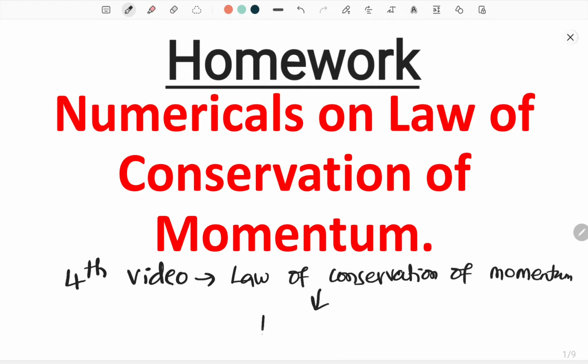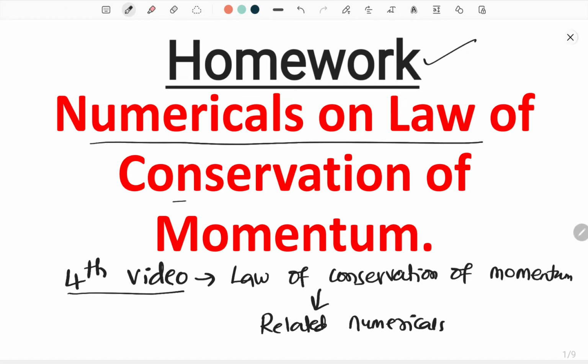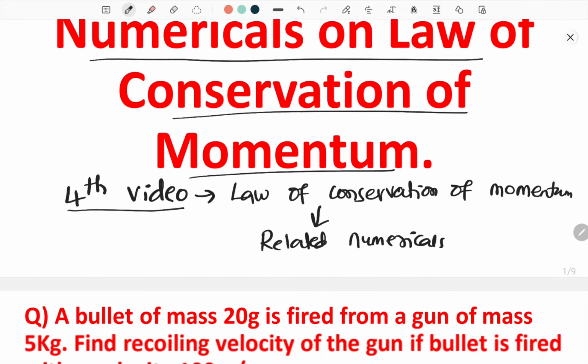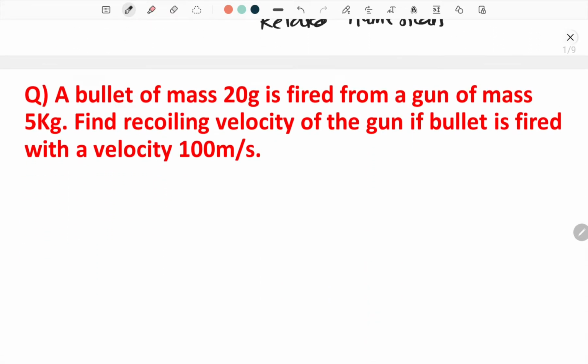In the description of that fourth video, I have given this PDF as homework, and many of you are commenting the answers and sending the answers also. Now in this video, I'll be solving all these numericals on the law of conservation of momentum, which are given as homework. All right, let's get into the first question.